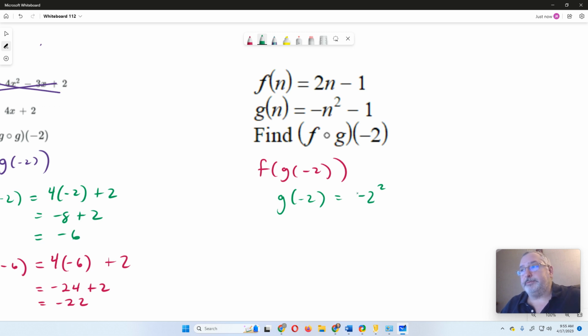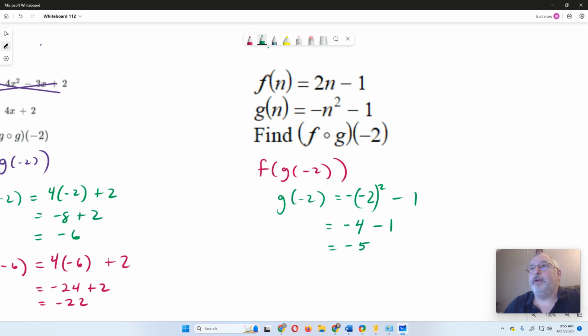Be careful. This is negative, or the opposite of, -2 squared. This is how the substitution should look. And so we're going to evaluate that. -2 squared is 4. So we have the opposite of 4 minus 1, which is -5.